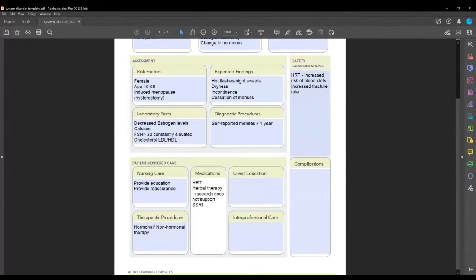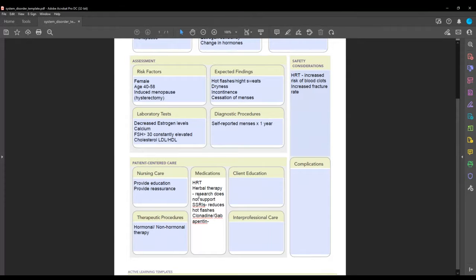Patients also can take SSRIs, selective serotonin reuptake inhibitors, and the reason that sometimes patients take that is it reduces hot flashes. We also have clonidine or gabapentin.